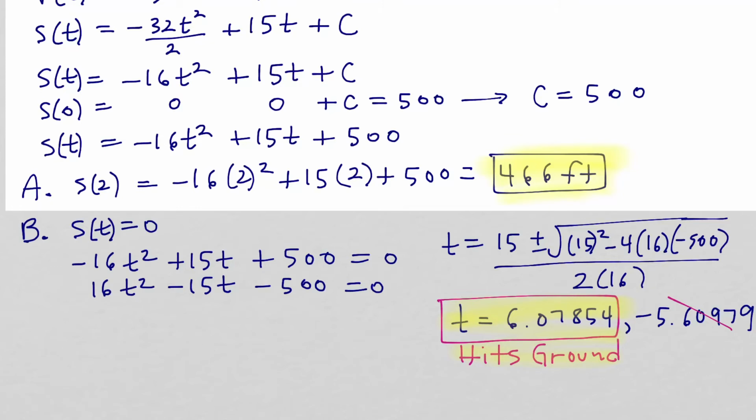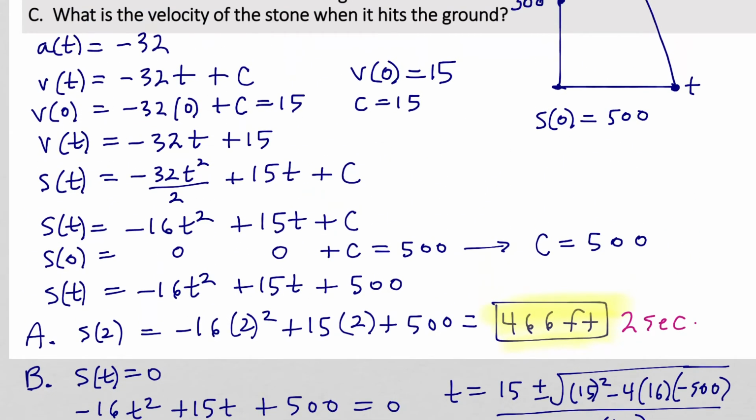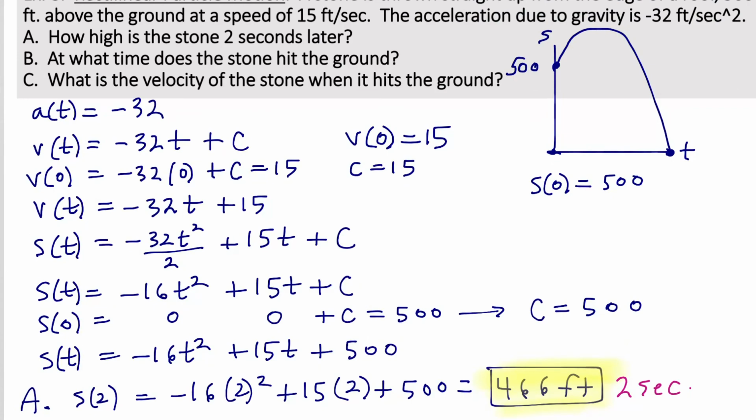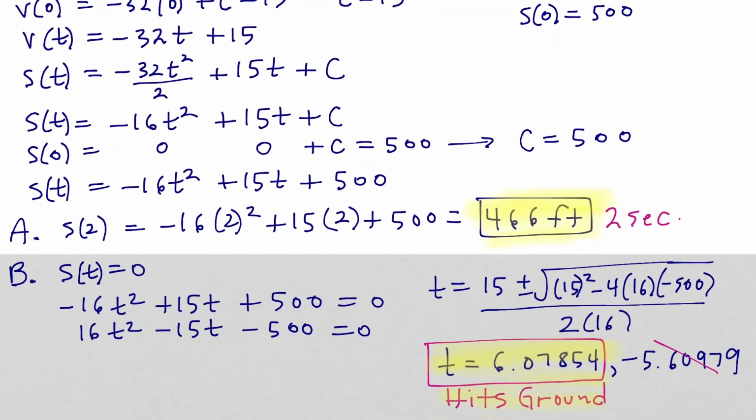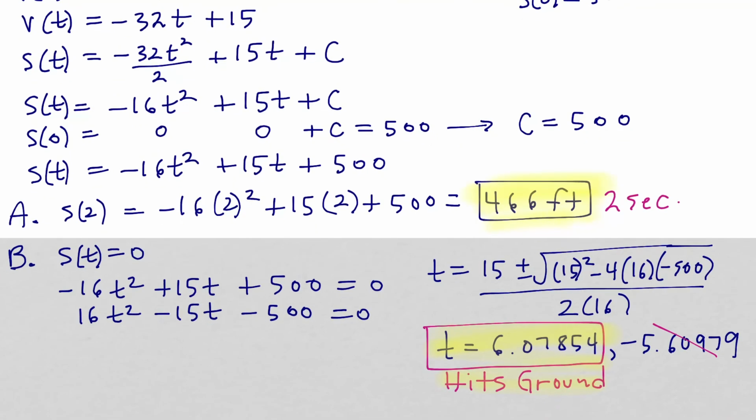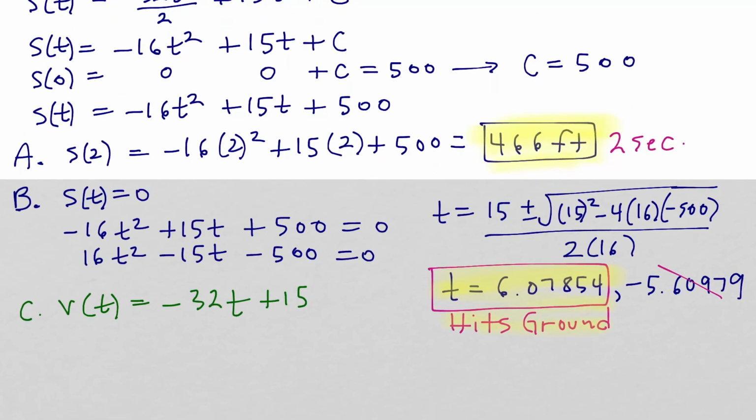This prior answer was the position at 2 seconds. Okay, so one more question. The last question says, what is the velocity of the stone when it hits the ground? All right, so we need our velocity function. So v of t is equal to negative 32t plus 15. And we already know from part B that the time when it hits the ground is 6.07854.